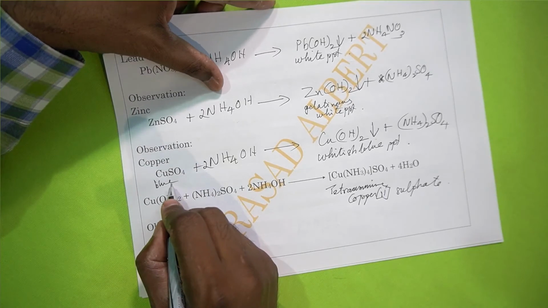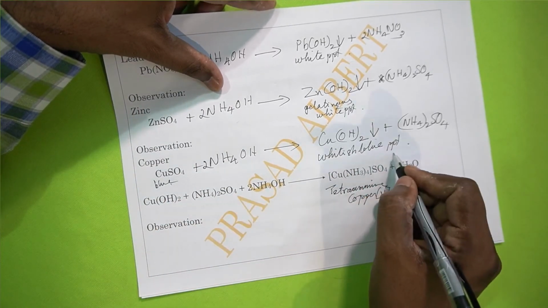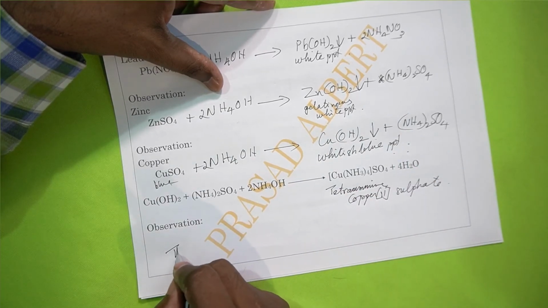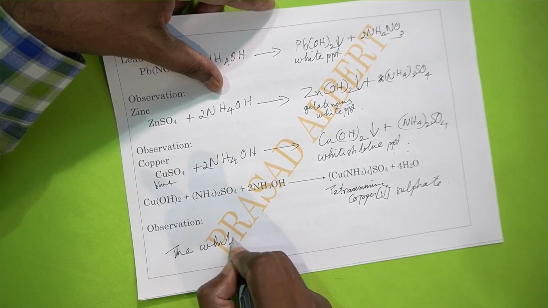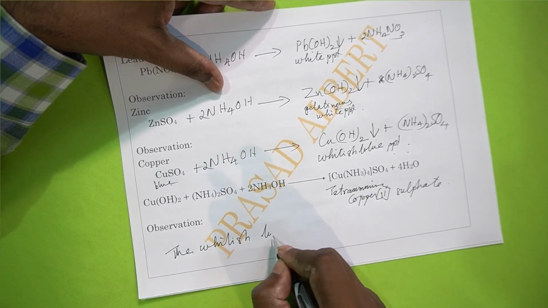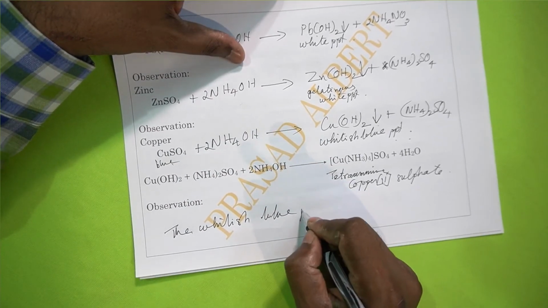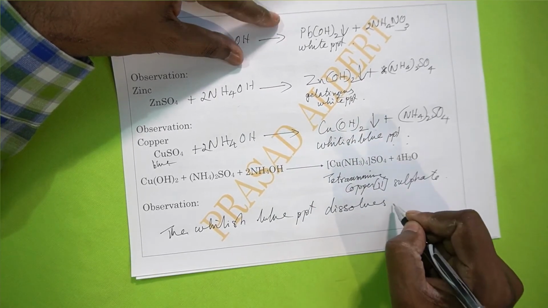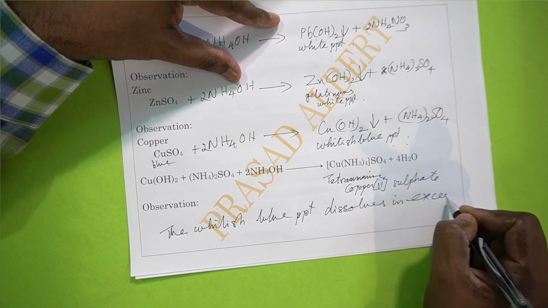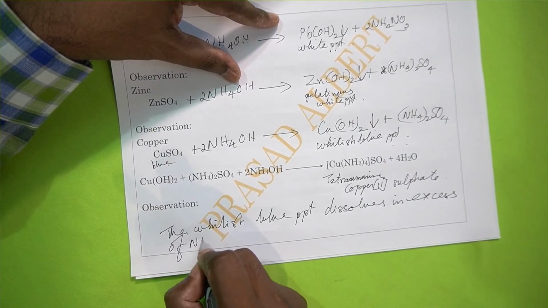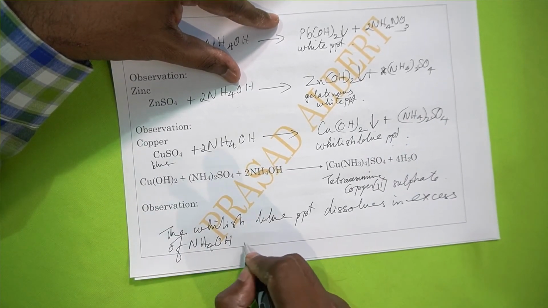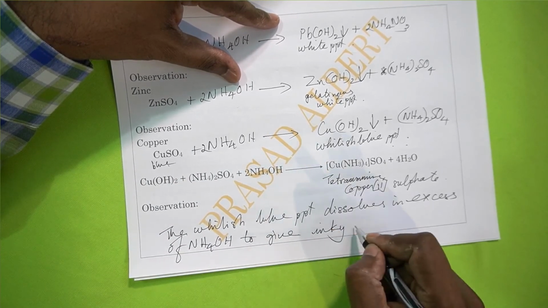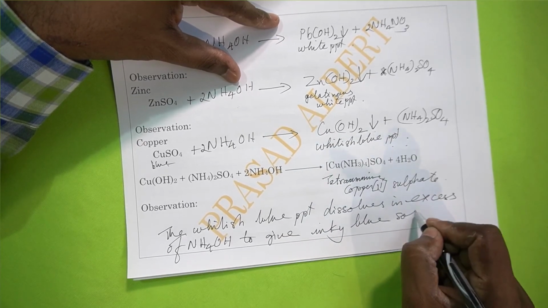So the blue solution first gives a whitish blue precipitate, which dissolves in excess ammonium hydroxide, NH4OH, to give inky blue solution.